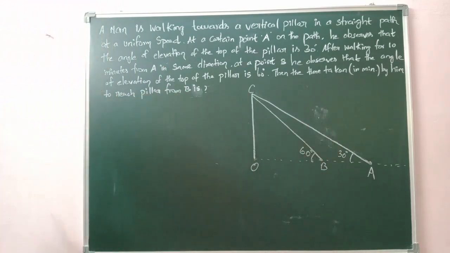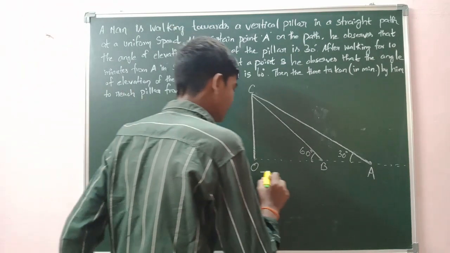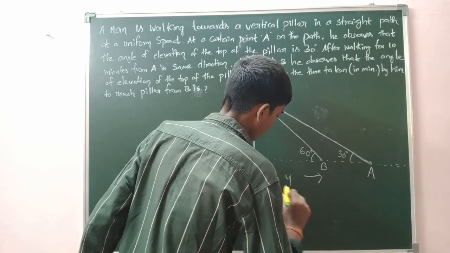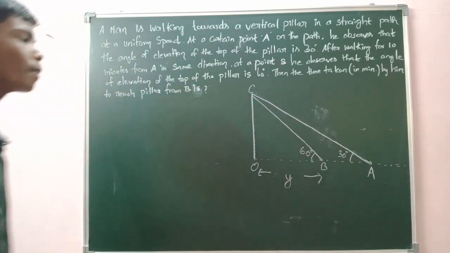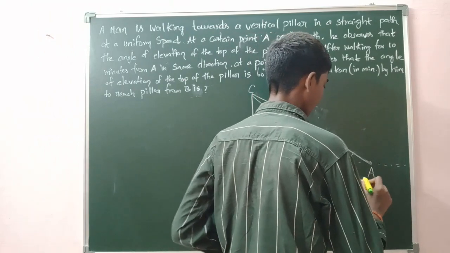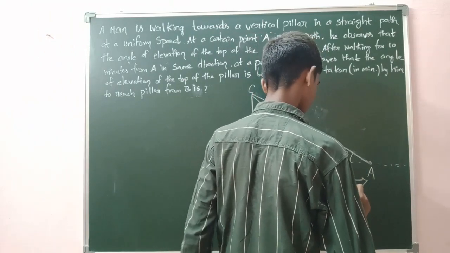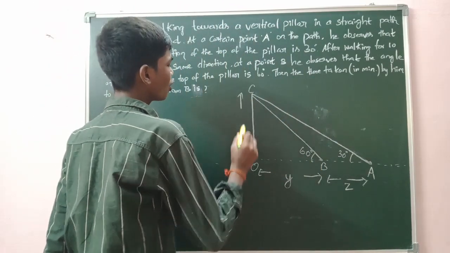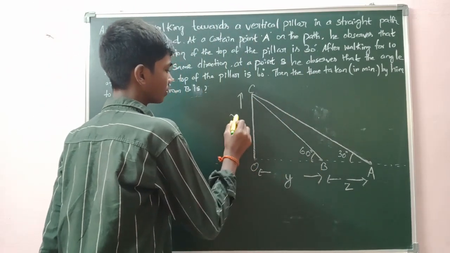Now let me say that the distance between point O and point B is Y, and the distance between point B and point A is Z. And let the height of the tower be X, just following the XYZ format.